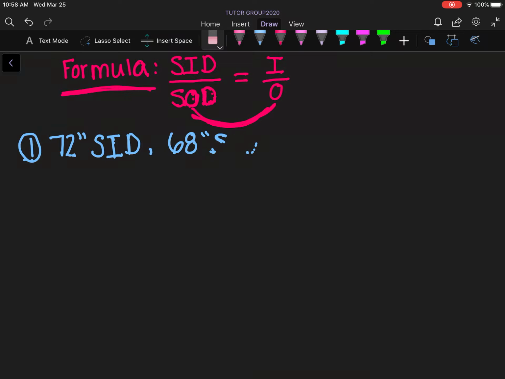And your object length is going to be 6 inches. And remember what I said earlier, that your object length will be smaller than your image length. So we're looking for your image length in this problem.